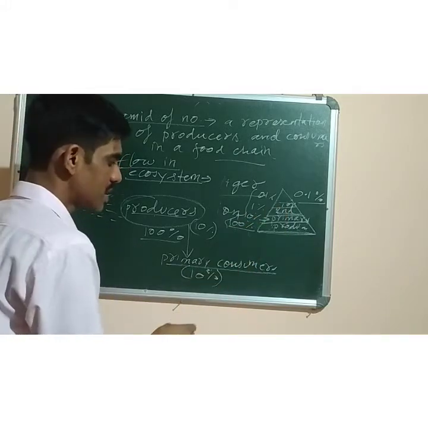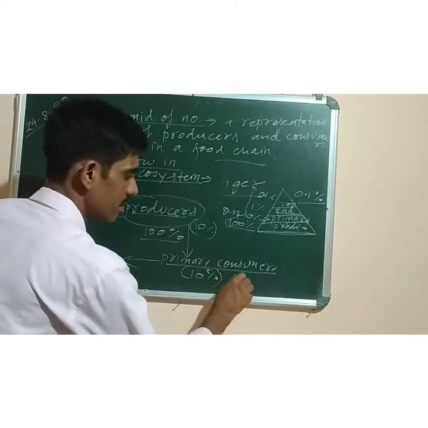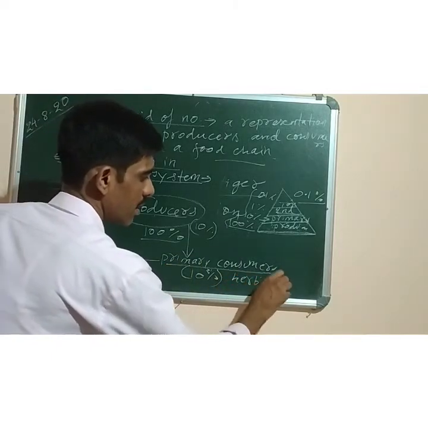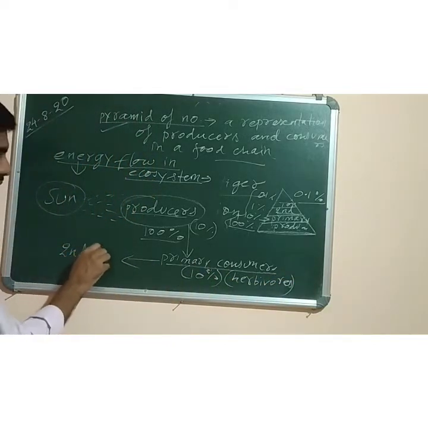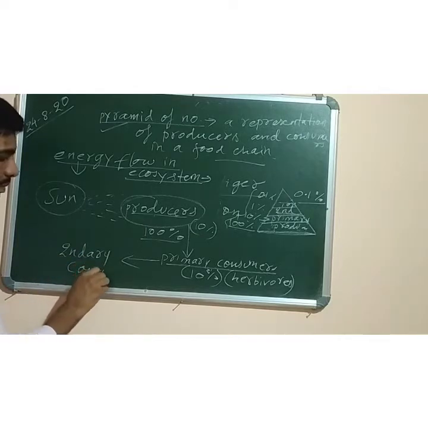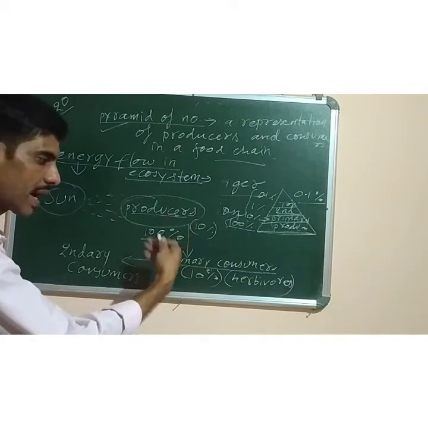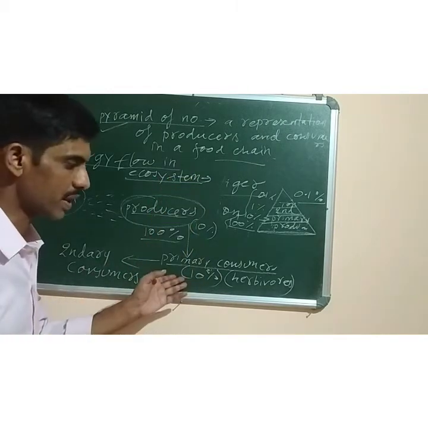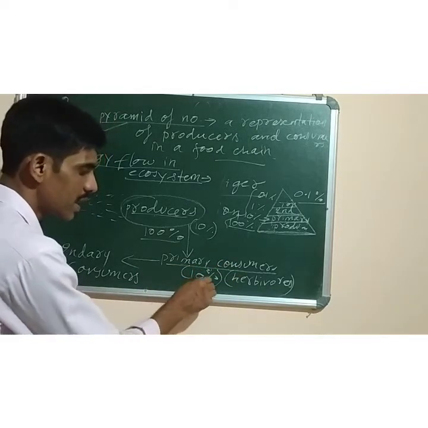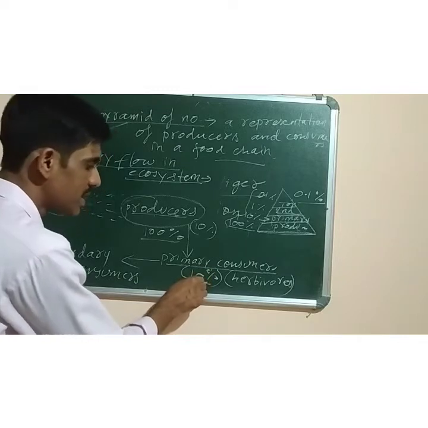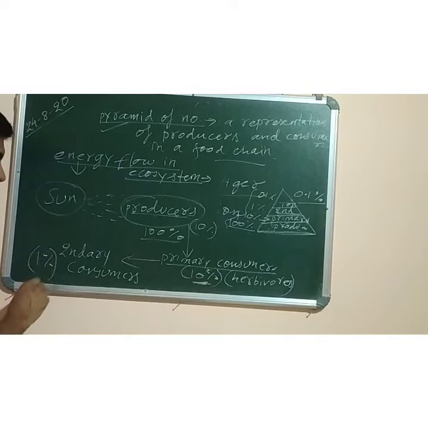In secondary consumers, again in the same way, when the primary consumers, that is herbivores, are eaten by the carnivores, that is secondary consumers, only 10% of this energy is stored; the remaining 90% energy they will use for their growth, for respiration, for excretion and all those processes. So 10% of this 10, that is 1% of the energy is transferred.